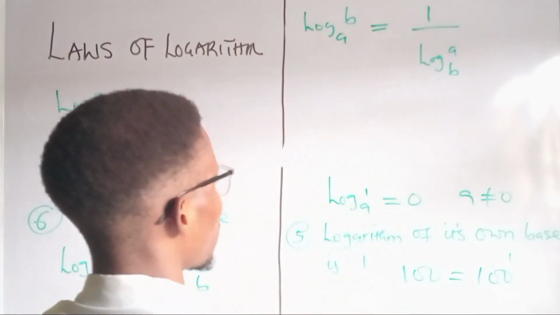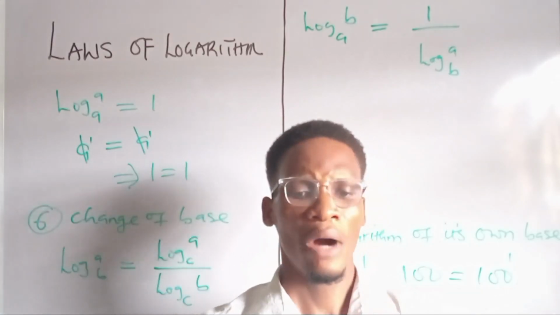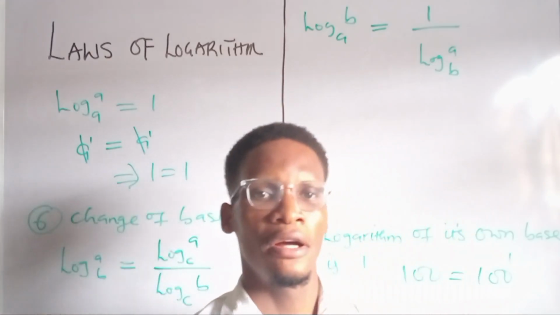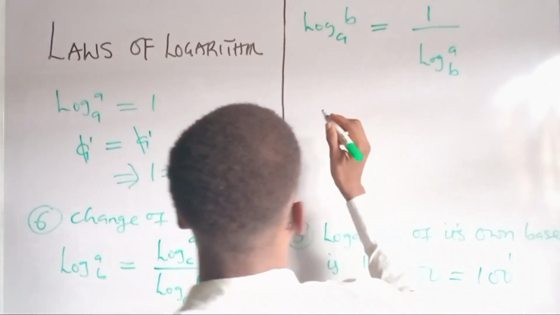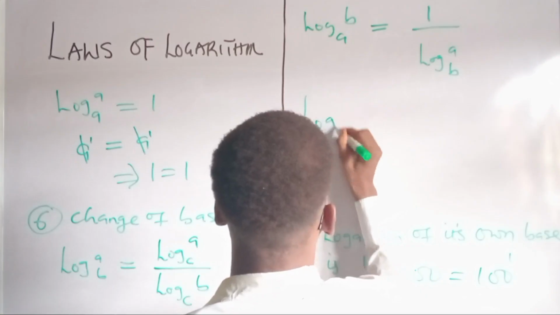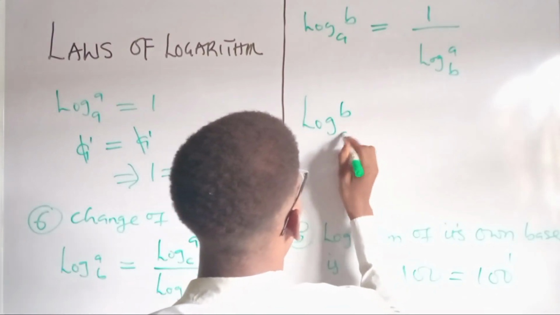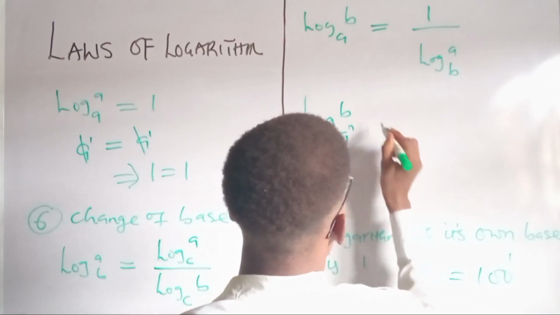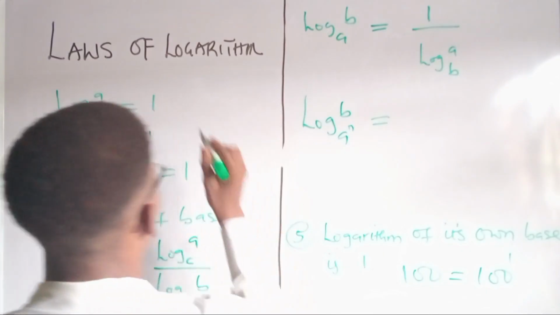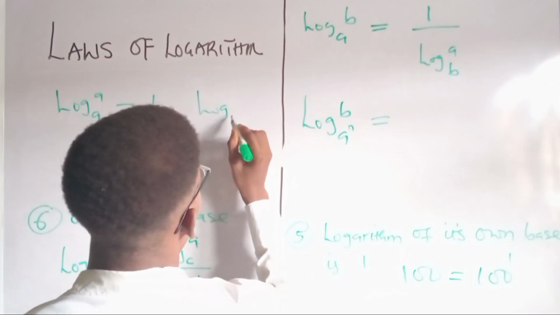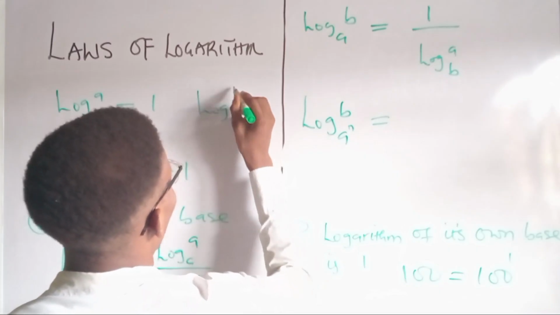Then we have also another law where we have log of b, then a raised to the power of n. So in this case, there was a question we solved where we have log of b to base a raised to the power of p.